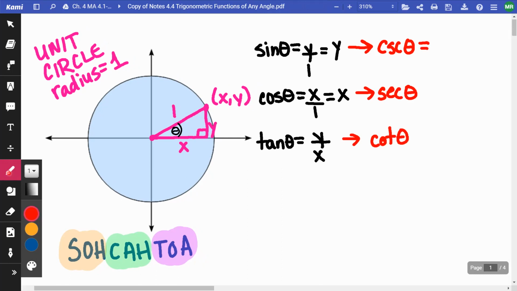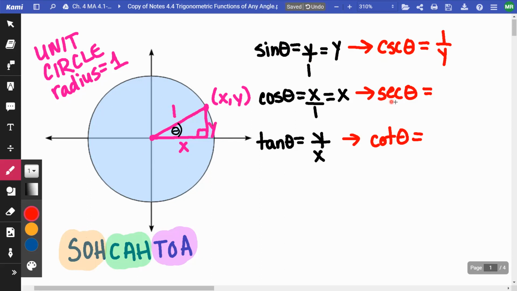So now when I'm doing these ones, again, these are reciprocals of sine, cosine, and tangent. If sine is opposite over hypotenuse, then my cosecant is hypotenuse over opposite, which is going to be 1 over y, the reciprocal of y over 1.